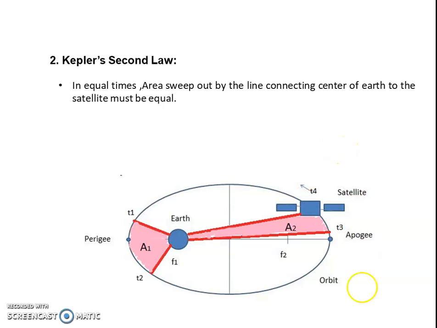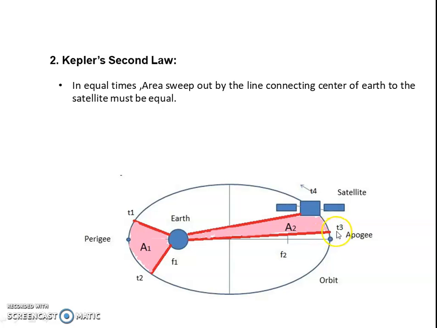As the diagram shows, suppose the satellite moves from time t1 to t2, and the area swept out by the satellite during this transition from t1 to t2 is a1, and suppose it travels a distance d1.